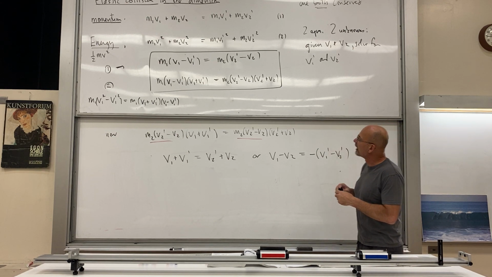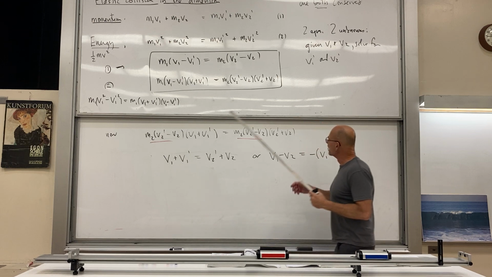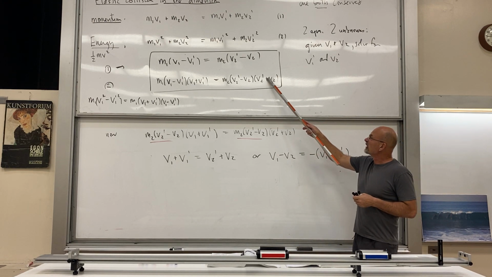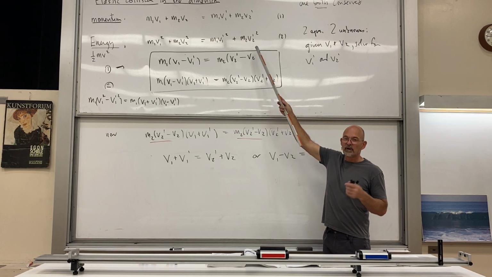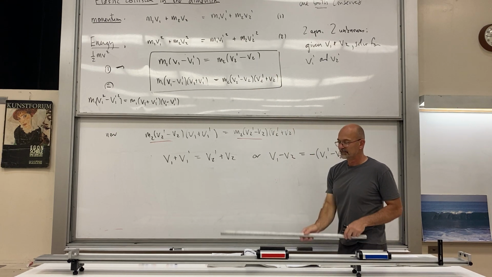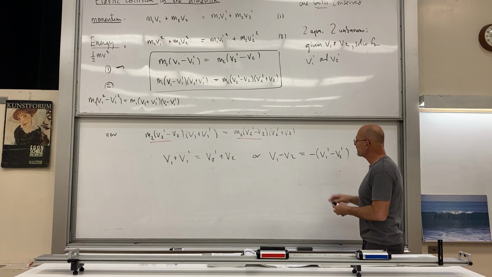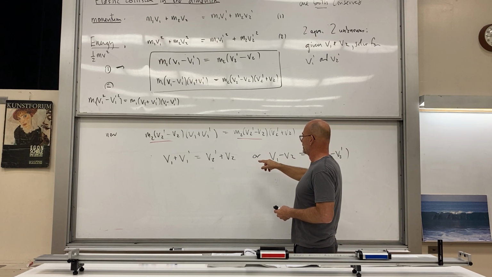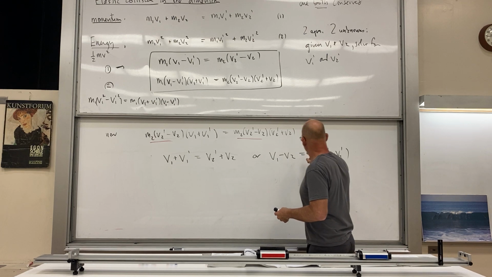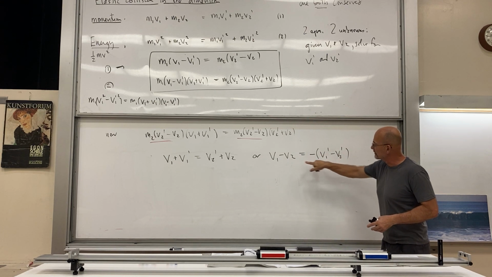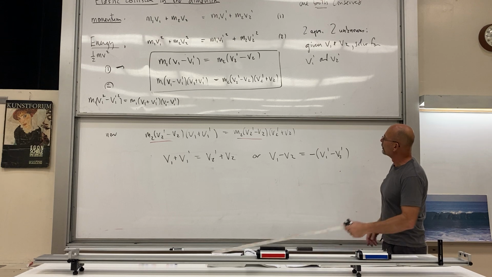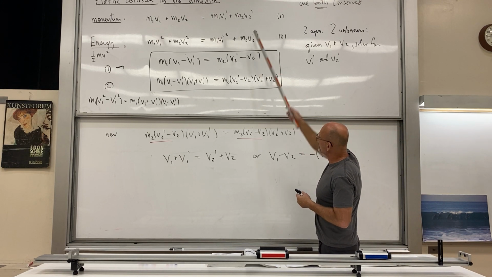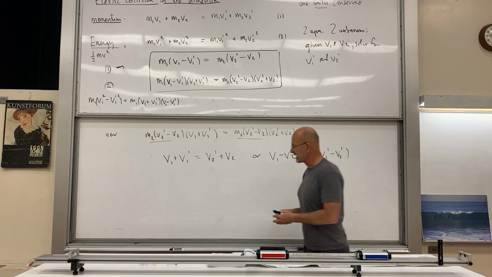More important for our goal here is that now we've gotten rid of solving any quadratic formulas, which would have been a nightmare. This result, in either form, the difference velocity with a minus sign, now gets plugged back into our original equation 1.